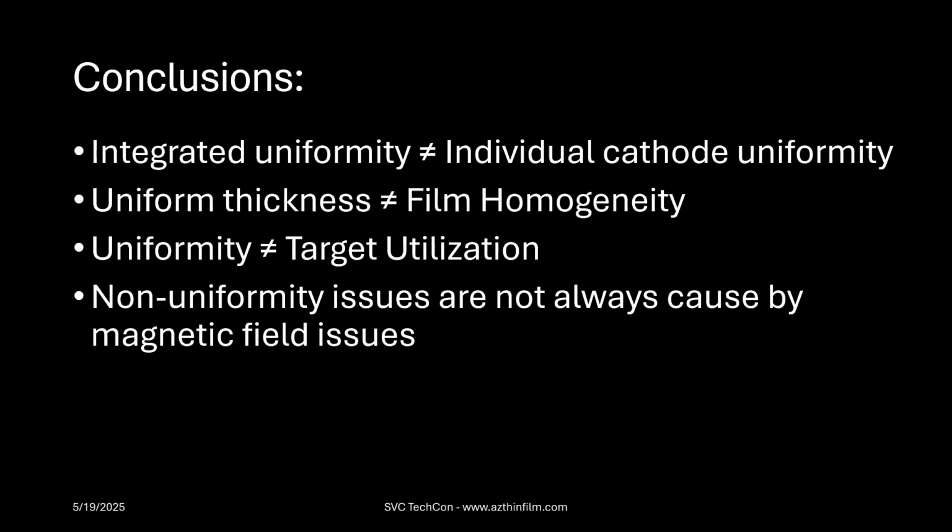And non-uniformity issues are not always caused by magnetic field. So often people, the first thing they look at when they see a uniformity profile, go, oh, are the magnets okay? And often, as we showed here, I can move that uniformity all around just by changing the local electric fields in the system, which can actually change over time, say as you go from grounded chamber walls to insulating chamber walls when depositing an insulating coating.